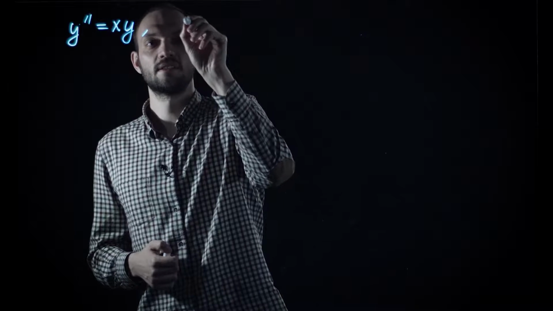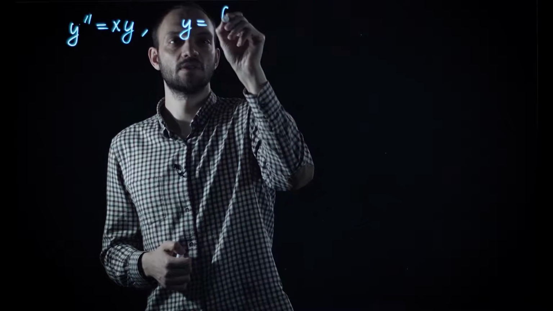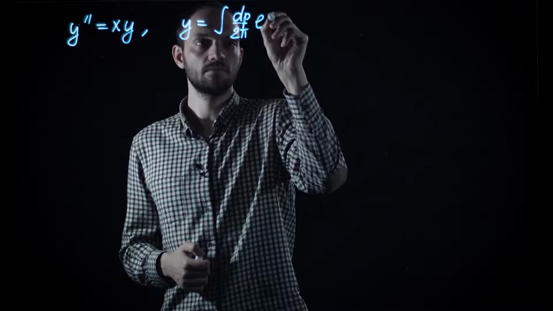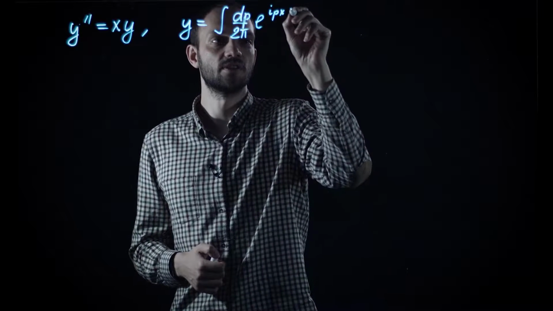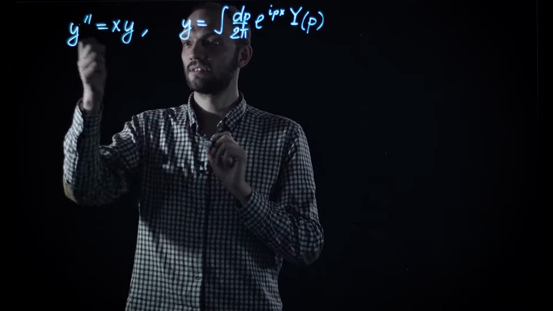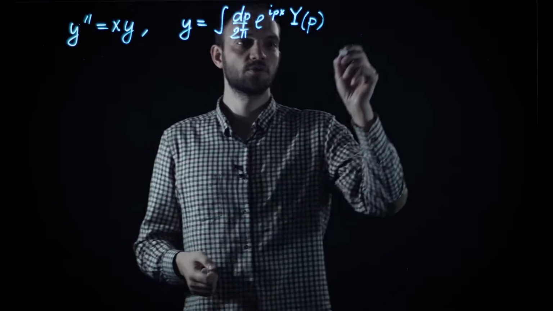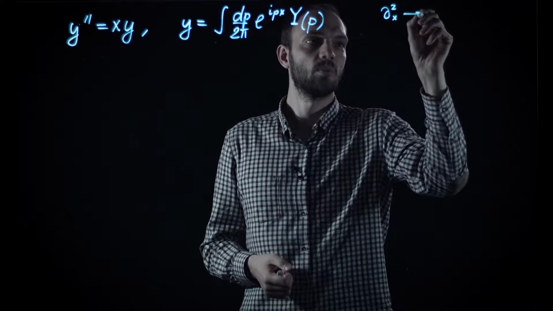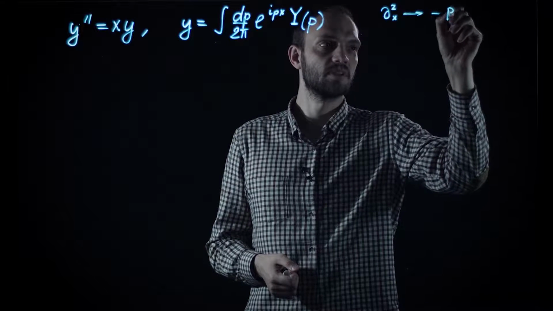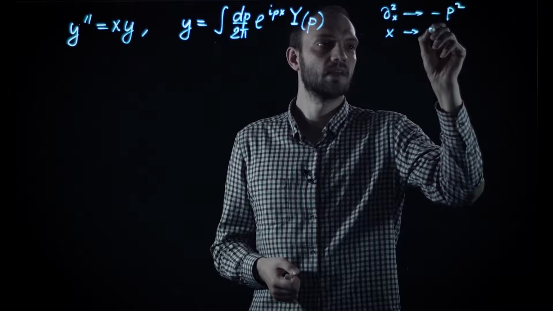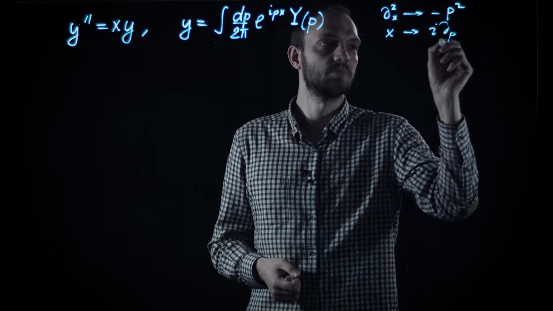So, this equation is conveniently solved with the use of Fourier transformation. So we introduce a new function Y capital of p, and this equation can be transformed in the momentum domain by the usual rules, where the second derivative is replaced by minus p squared, and x is replaced by i d over dp.